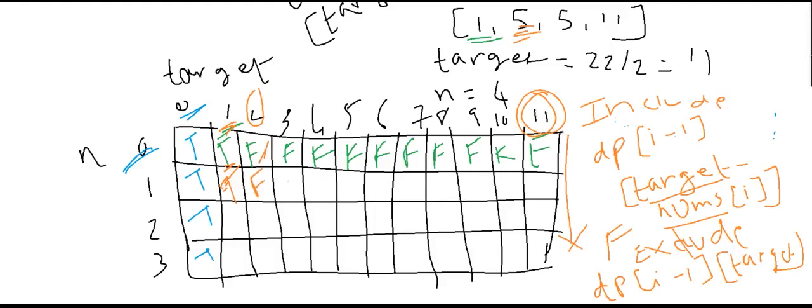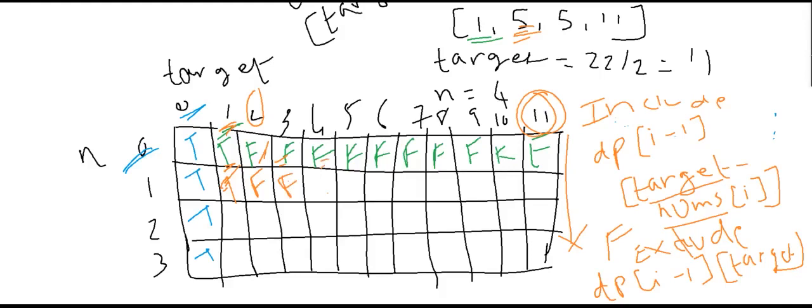Let's look at this. The exclude will be this, so exclude is false. What is include? Include will be target, which is 3, minus nums of 1, which is 5, which is negative. So that is also false. Now let's look at this value, 4. So the target is 4. When we do include, 4 minus 5 is negative, so that is false.